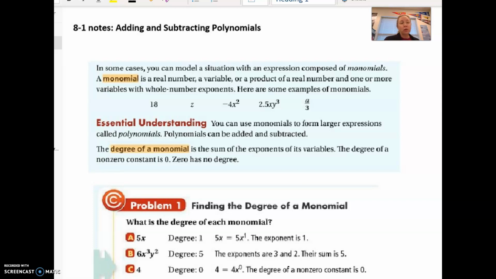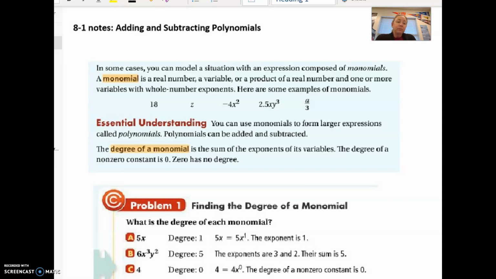In Chapter 8 we're going to be learning about adding and subtracting polynomials. And we're going to be multiplying and factoring. We're going to be looking at what binomials are, and we're going to be multiplying with special cases as well. And of course, factoring, lots of factoring.